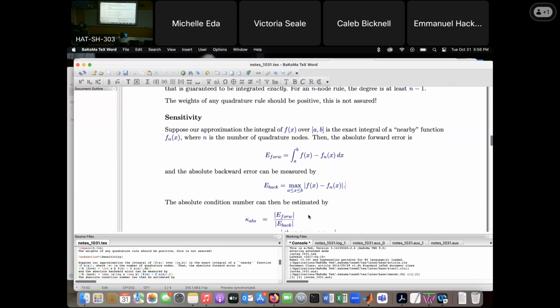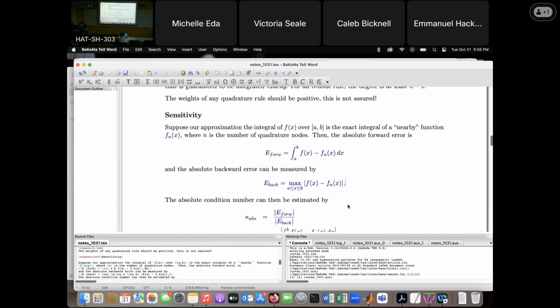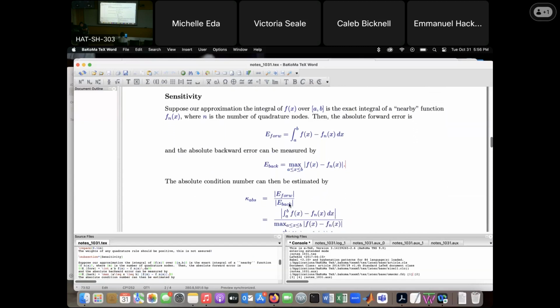That's a lot of absolutes. For the forward error, we fill in what that is: the absolute value of the difference in integrals. Then we divide that by the maximum error in our approximation of f.